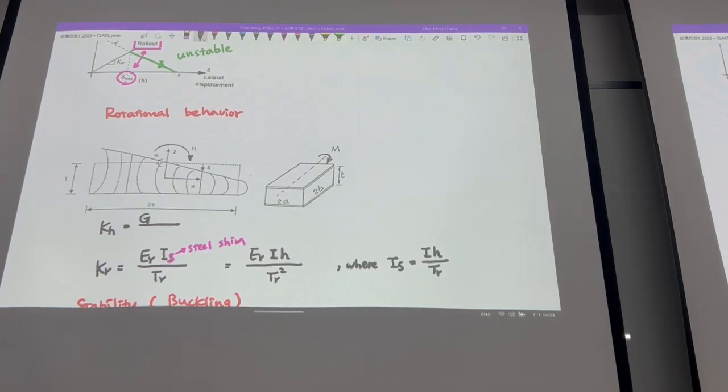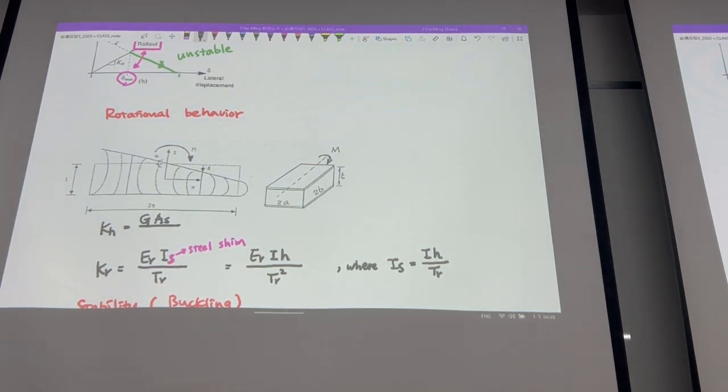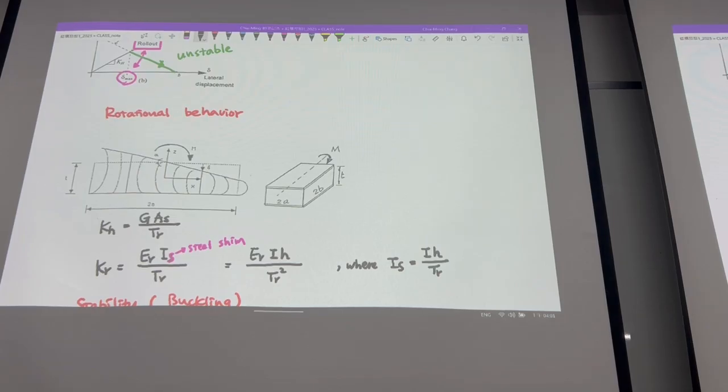You use shear modulus times the area contributed from the steel divided by TR, the total thickness of the rubber.